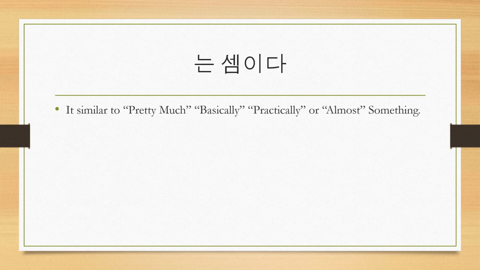And here we have 는 셈이다. And this is another good one to learn, and it's showing that the situation is basically this or practically that or almost so. So you're showing that something is pretty much something's happened or something is something.